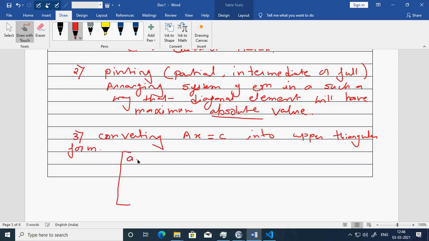After pivoting, maybe A11, A12, A13, 0, A22, A23. Okay, so 0, 0, A33. So this representation we call upper triangular form.